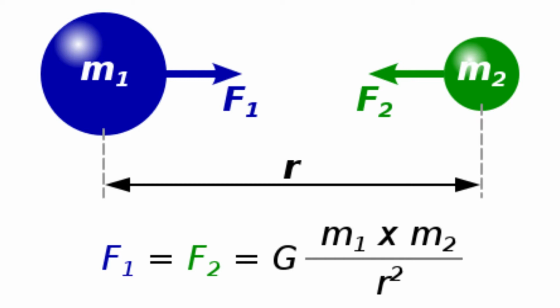We have F, which is the gravitational force, and G is the gravitational constant. We have m1, which is the mass of object 1, and m2, which is the mass of object 2, divided by the square of the distance between the centers of the masses.